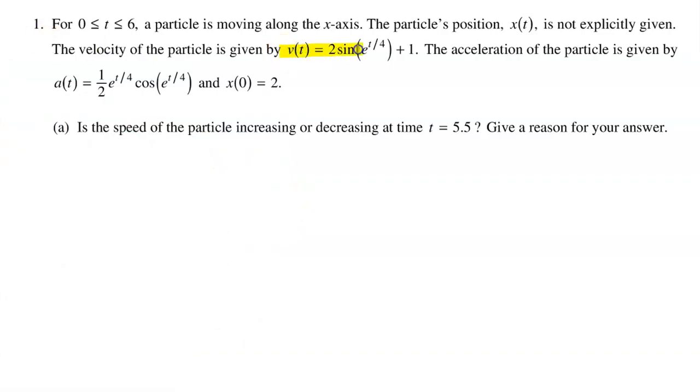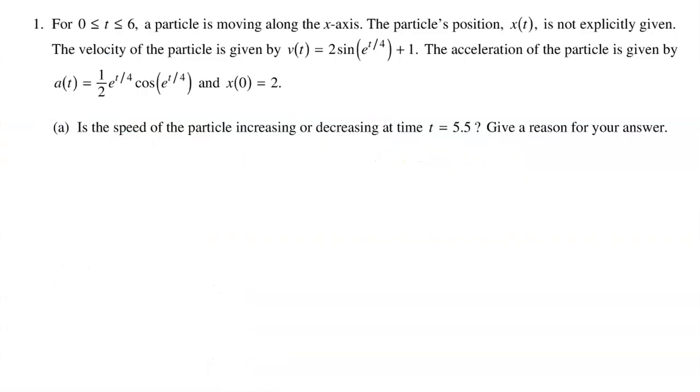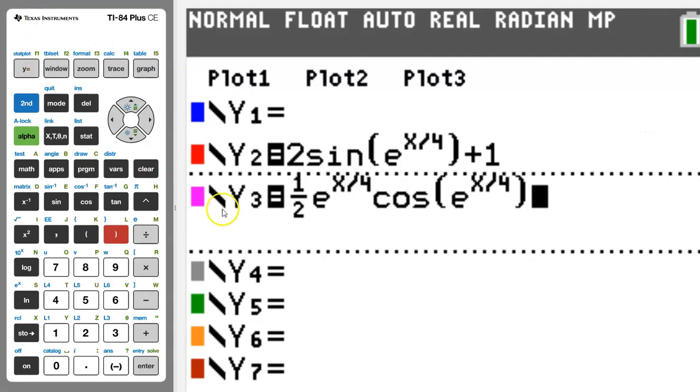We are given this velocity equation, so I will type this in as y2. And here it is. I have to use x instead of t, but that's fine. They gave us this equation for acceleration, so I will type this in as y3. So here is my acceleration function.